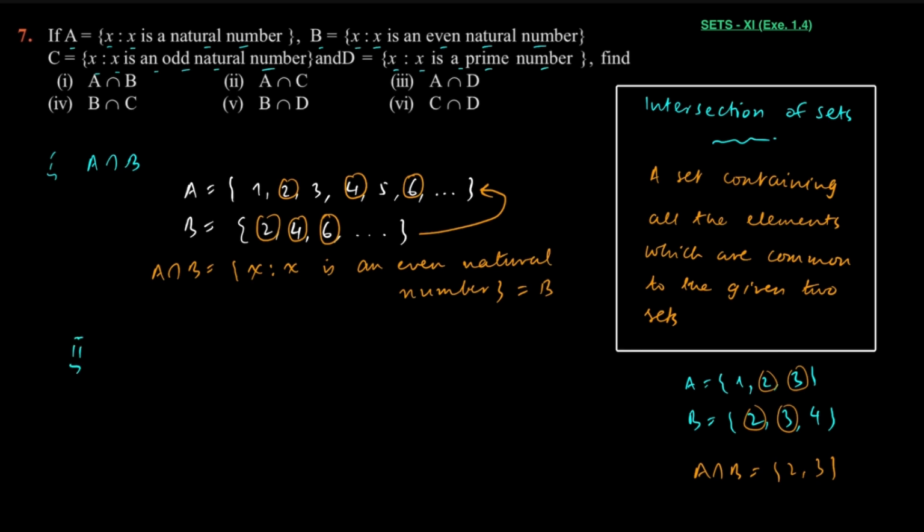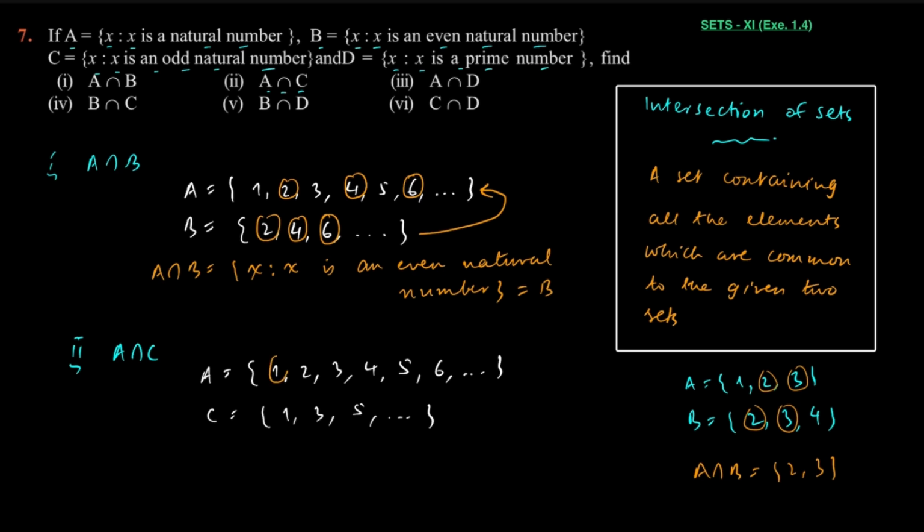Part number second. What is A intersection C? Here set A, as we know, is having elements as 1, 2, 3, 4, 5, 6 and so on, as it's a set of natural numbers. And set C is having elements as odd natural numbers, which are 1, 3, 5 and so on.